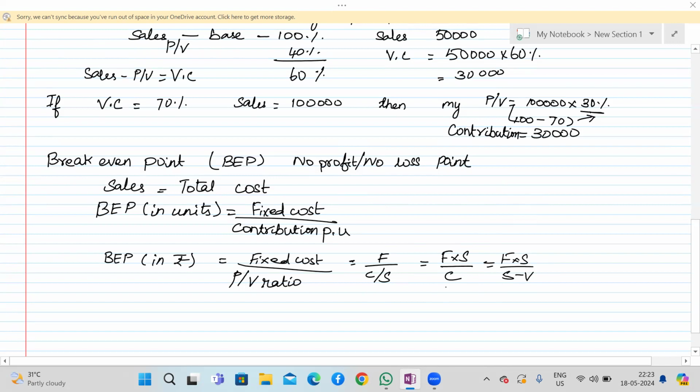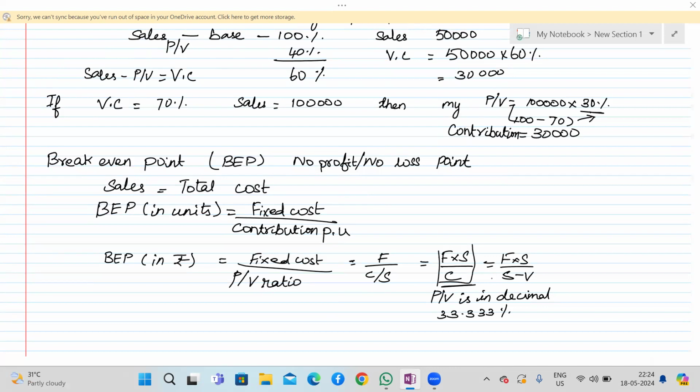This will be used in case PV is in decimals, that is, if I'm getting an answer like 33.3333, so this goes on, right? In this case, if I'm using this formula, I will be getting the exact value of BEP.